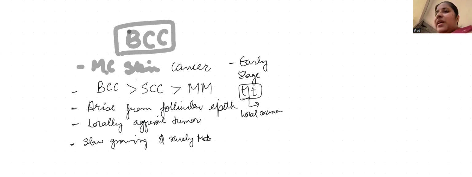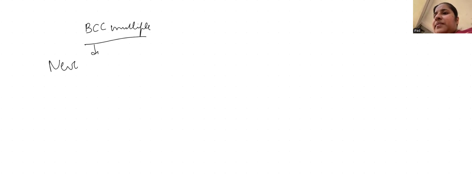So when these BCCs are multiple, then they are associated with a syndrome called nevoid BCC syndrome, or the Gorlin syndrome.